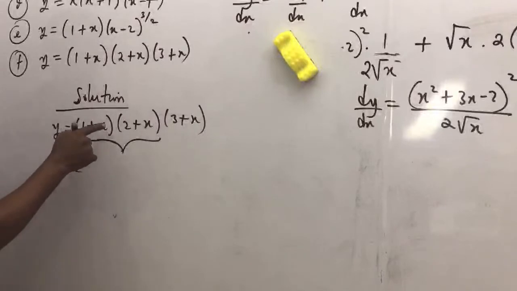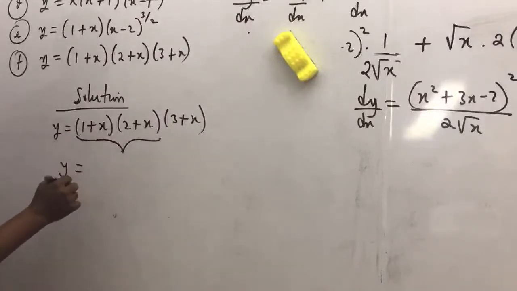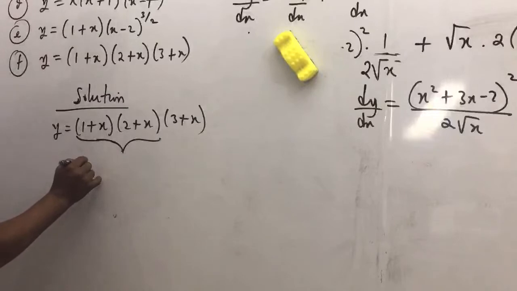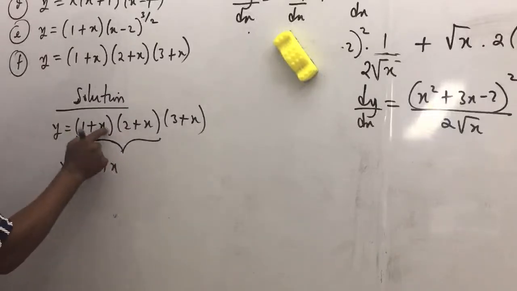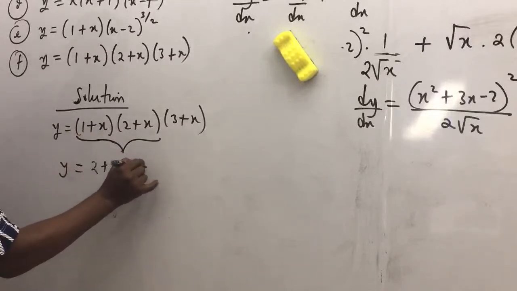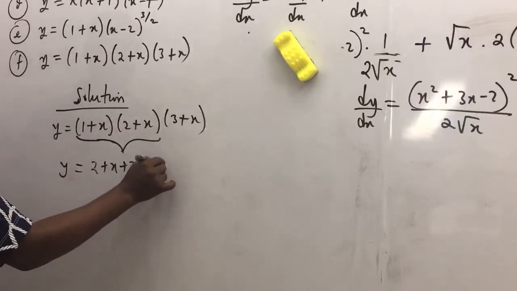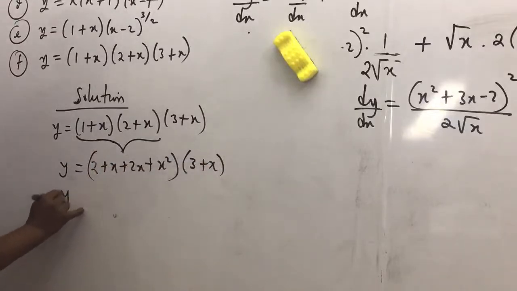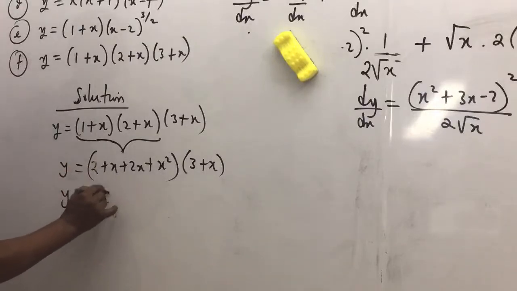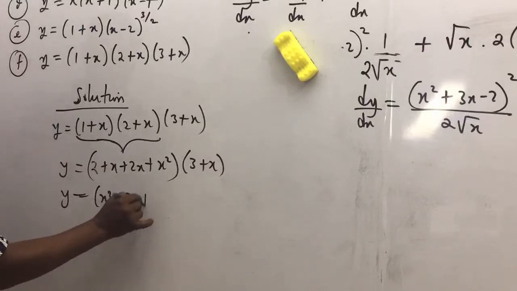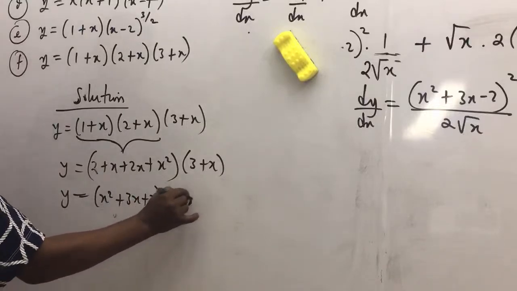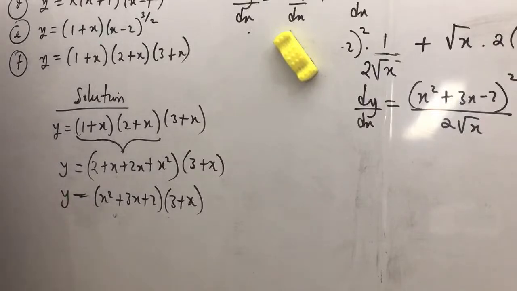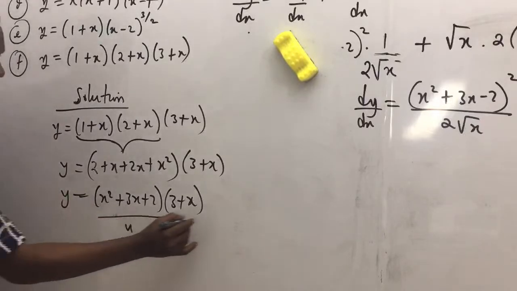So 1 plus x in bracket 2 plus x, when you merge them, they become 1 times 2 is 2, 1 times x is x, times x is... 2x, and then x times x is x squared, okay? Now, you could simplify further by adding up like terms, and that will give you x squared plus 3x plus 2 in bracket 3 plus x. So this is a better function to differentiate. So we are going to call this u and call this v.